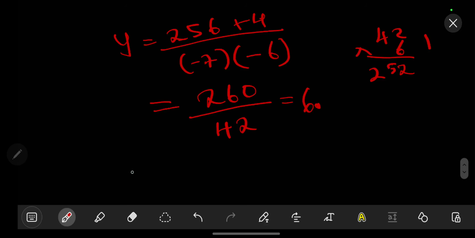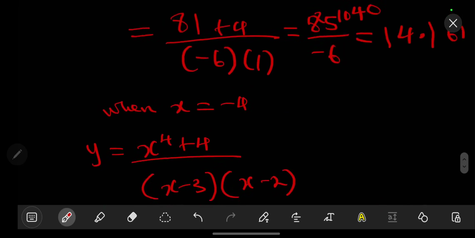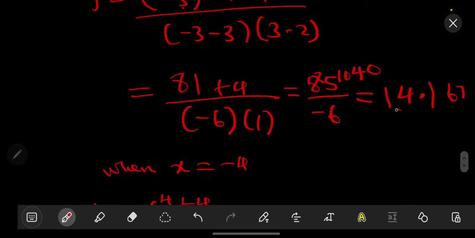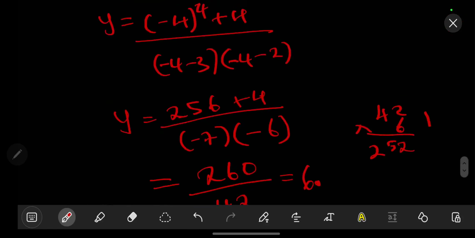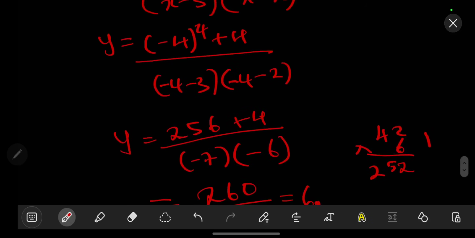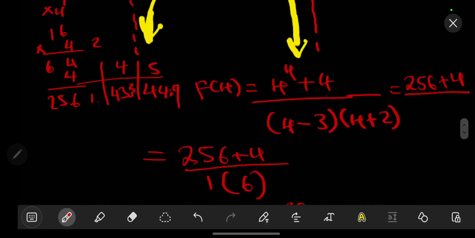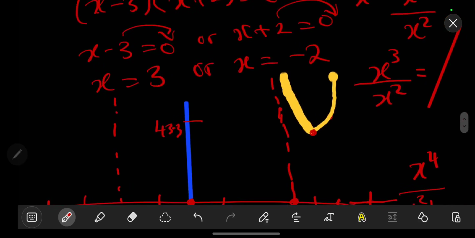Then the other thing is that the value is reducing. For the first one, it gave us 14.16. For the second one, it has given us 6 like that. Now the way these graphs work is that if we have a quadratic equation on the denominator, they should look the same.